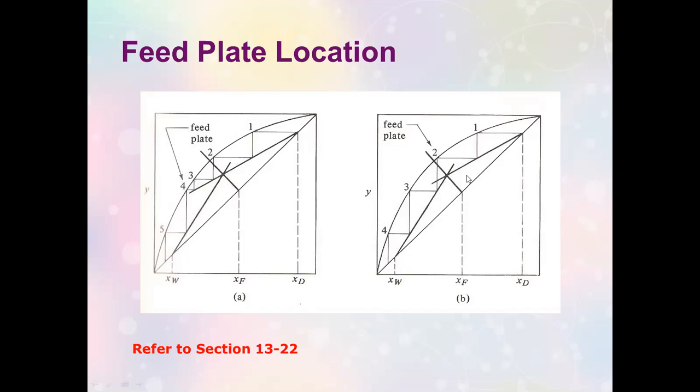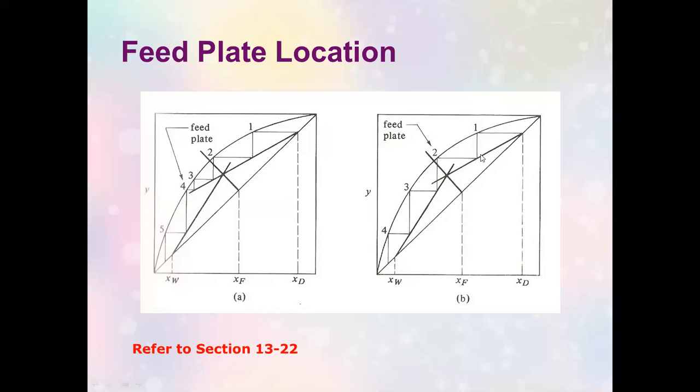But this feed plate or feed location is always situated in the stripping section of the column. You can read that from McCabe. So it's only McCabe, I think, that mentions that your feed plate belongs to the stripping section of the column.